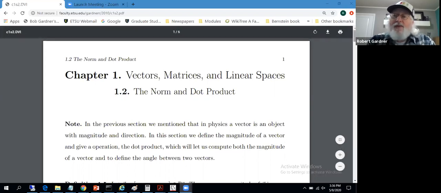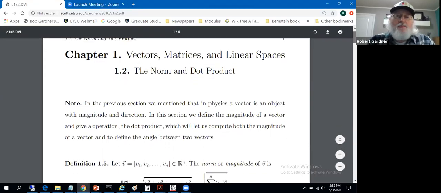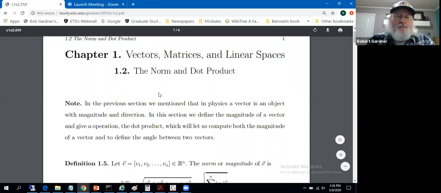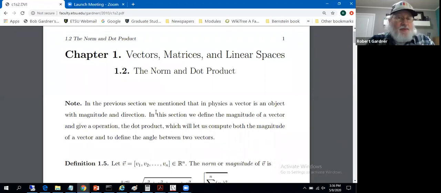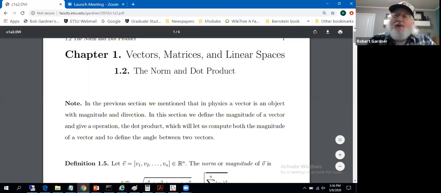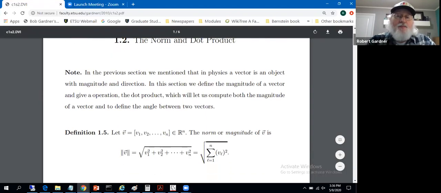So the plan in section 1.2, the title of which is the norm and dot products, and it's norm that'll give us the magnitude of a vector in Rn in this section. Plan is to, again, build on your physics background maybe of thinking of vectors as having magnitudes and direction, and put a clean definition on magnitude.